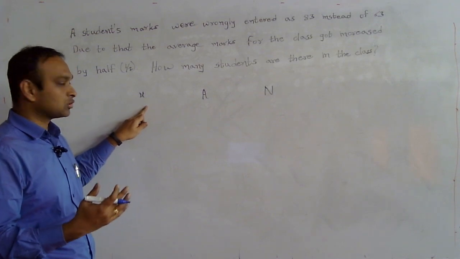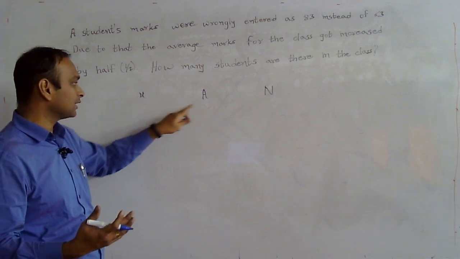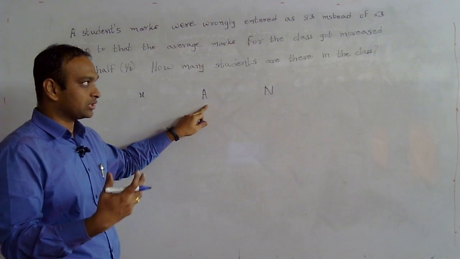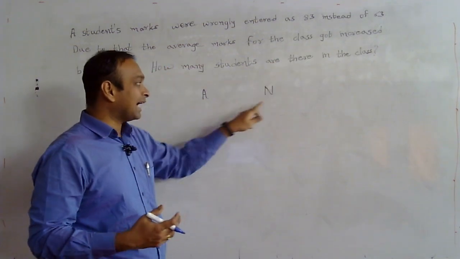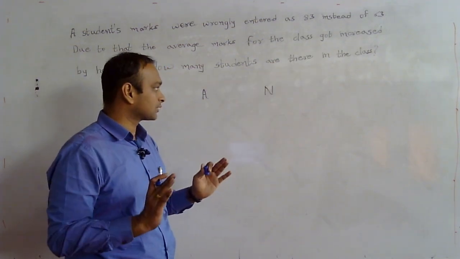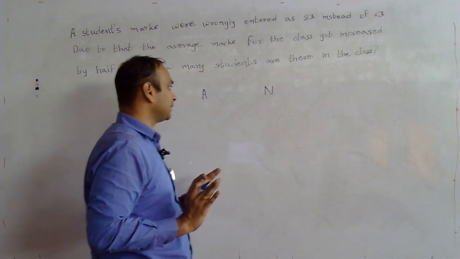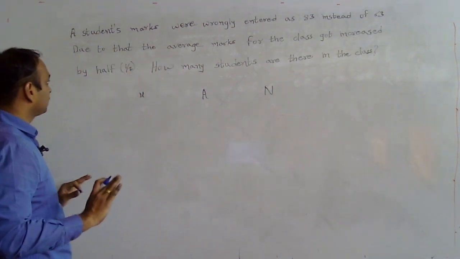X is the total number of students in the class, A is the actual average when 63 is entered, and N is the total marks, the addition of all the marks for all the students, right?